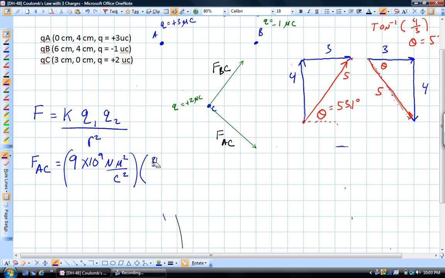And this is where you got to be a little careful with the prefixes. The microcoulombs, that's going to be 3 times 10 to the negative 6 coulombs, and the times negative 6 definitely matters. And then charge C is also plus, and that's plus 2 times 10 to the negative 6 coulombs.